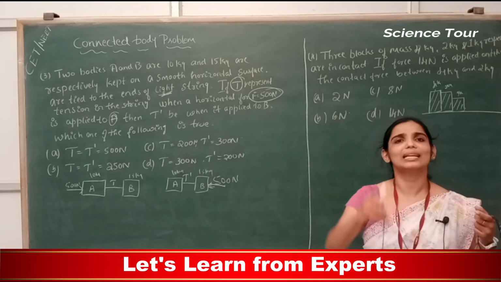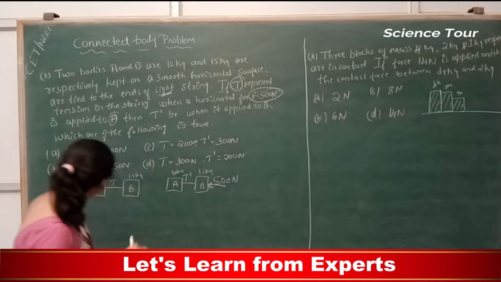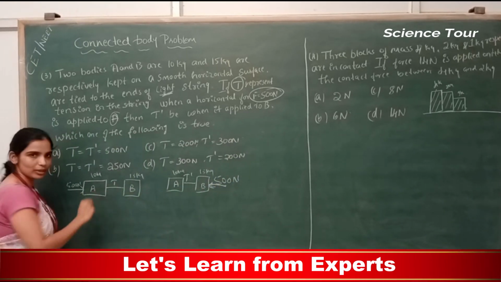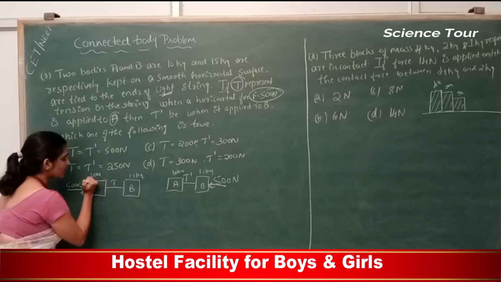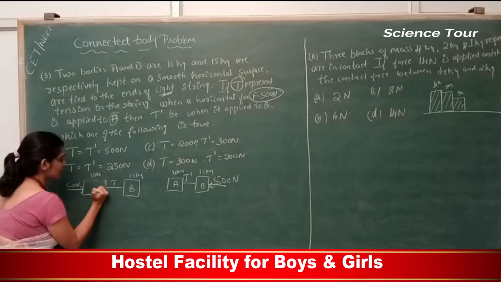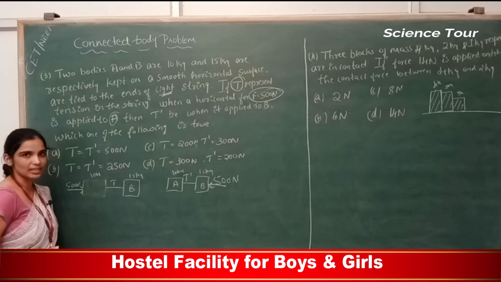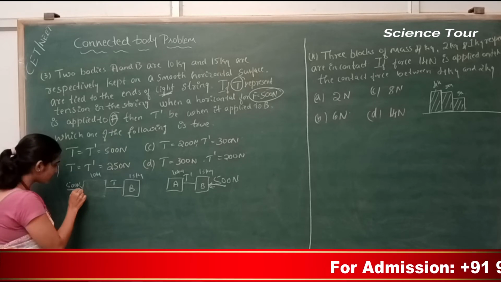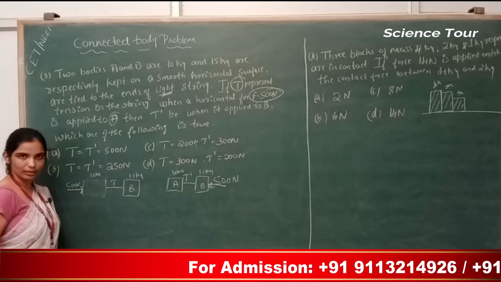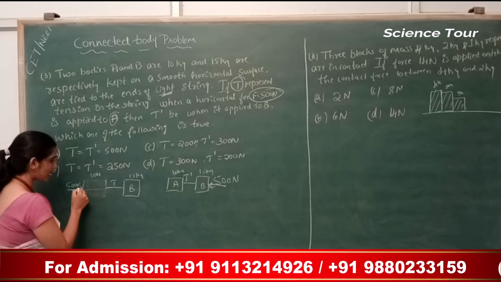So you can directly write the formula. Can you write the formula for tension for this condition? See, if mass A doesn't exist, will the tension exist? It will exist because there is a force applied on the string.